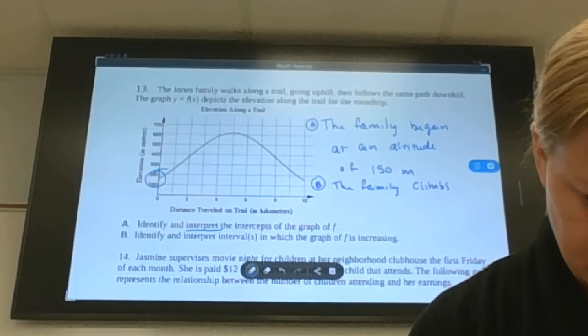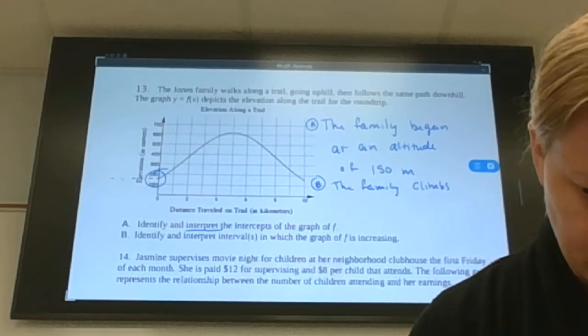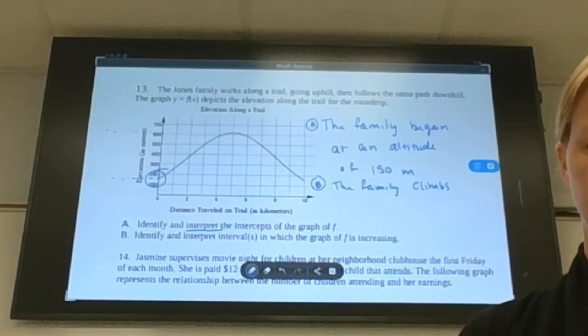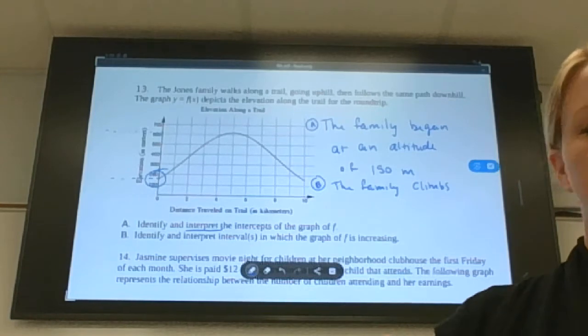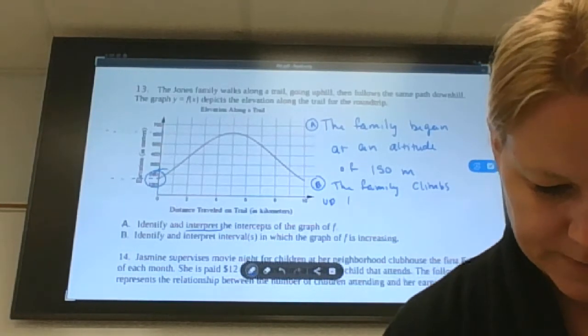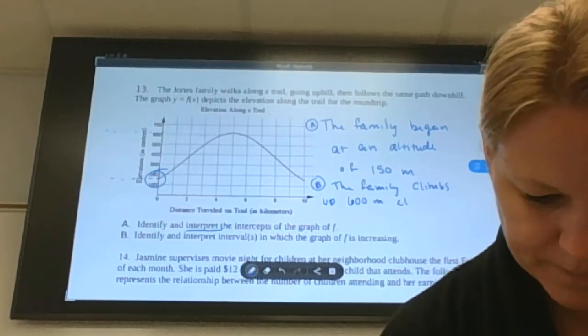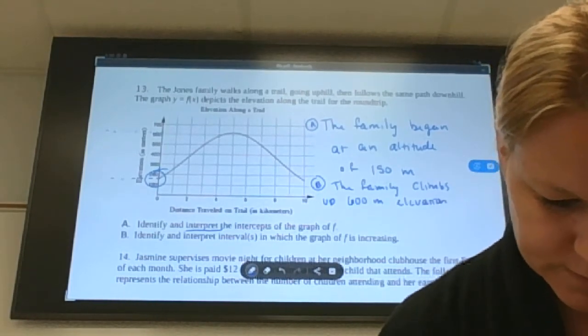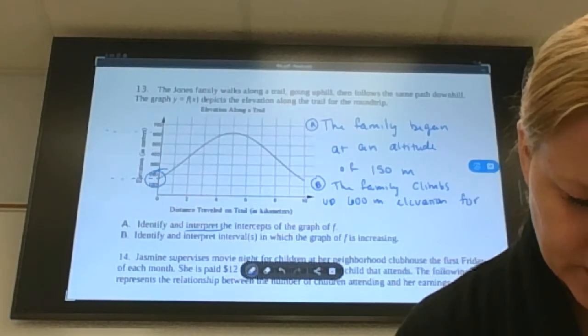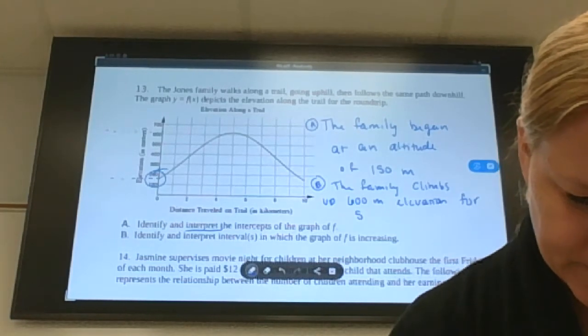We started at 150 and we ended up at about 625. So you can say the family climbs up to an elevation of like 600 for 5 kilometers.